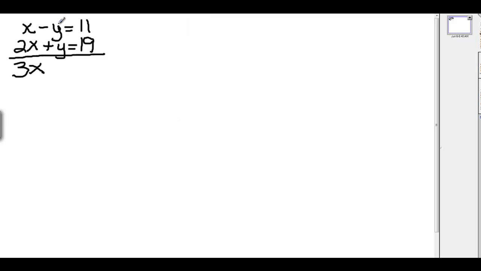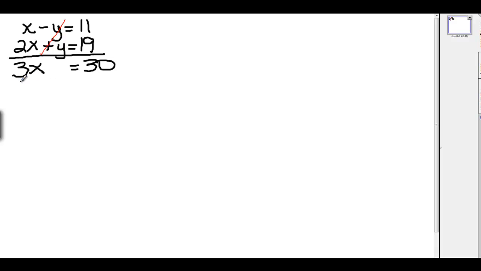A negative y and a positive y cancel each other out. 11 plus 19 equals 30. Then I end up with an equation with just one variable, 3x equals 30. I've eliminated, thus the title elimination for this method, I've eliminated the y's.